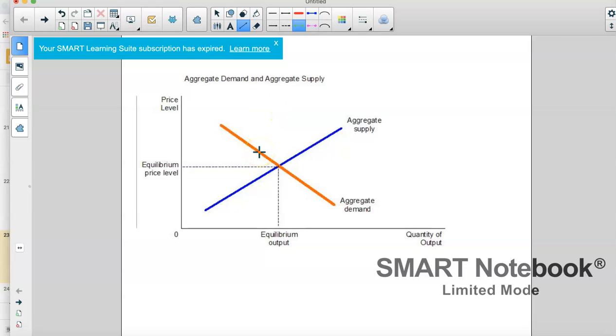Now, because more Americans are getting more income, we know that would shift the demand curve to the right, which would cause a rise in output. Remember, our output measurement is GDP, right? GDP would go up. The economy would be expanding.